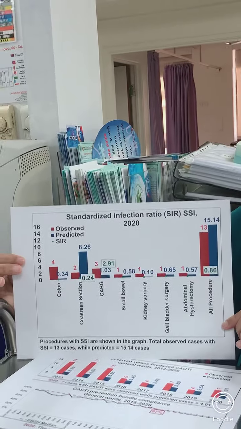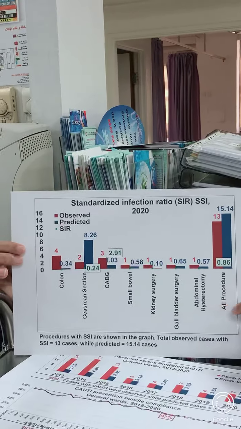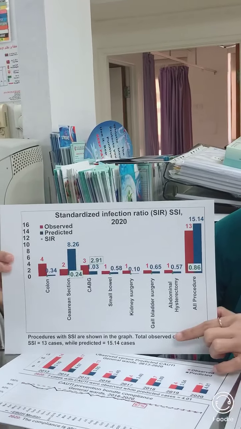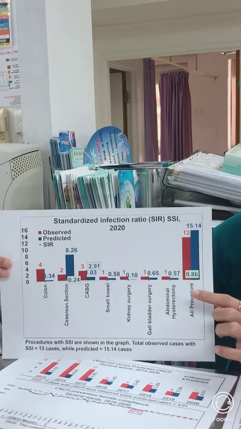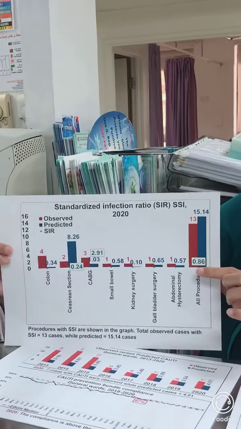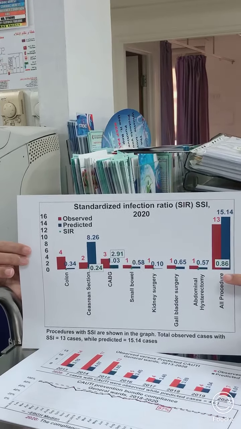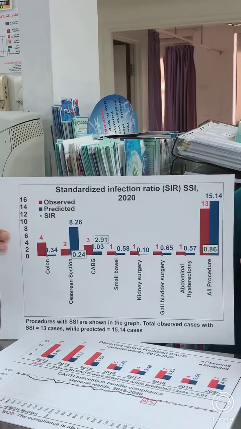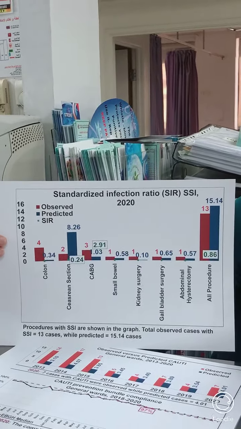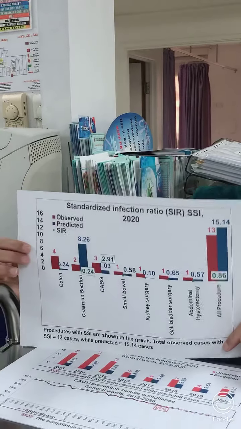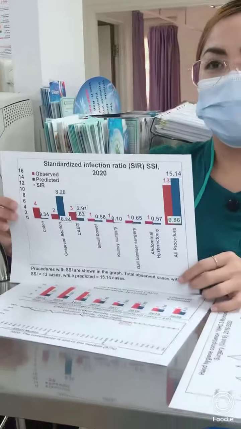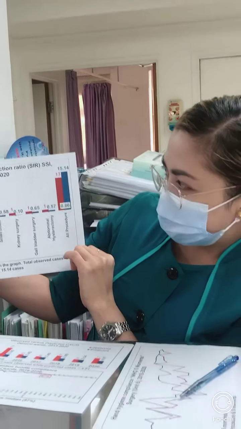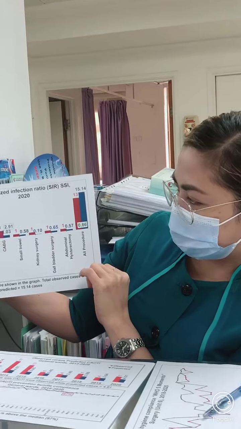So, with the SSI, it is shown that there are a total of 13 observed cases that developed surgical site infection for the whole year 2020. Okay? It's a bit high, okay? All CS the highest for the observed cases of SSI.